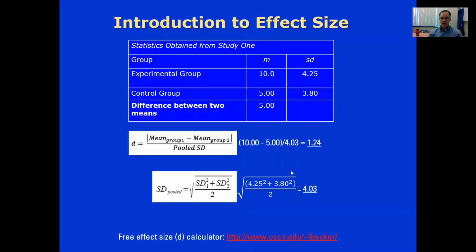Now, instead of doing it by hand, you could use the free online effect size calculator, and it automatically uses the pooled standard deviation formula because most likely it would be very rare to have exact standard deviations between two groups. So this value here was very close to the value we had previously of 1.25.